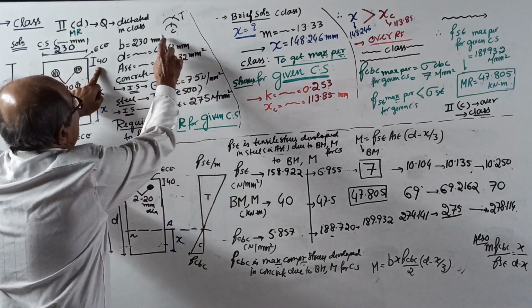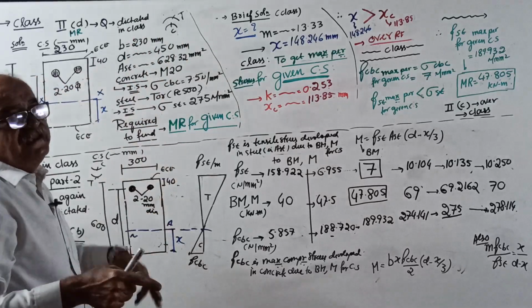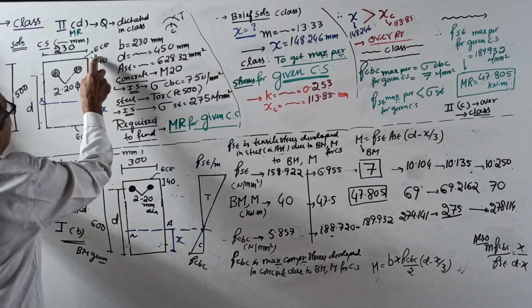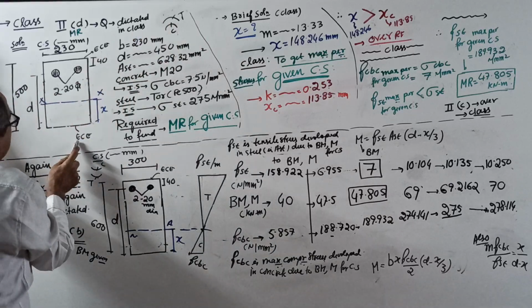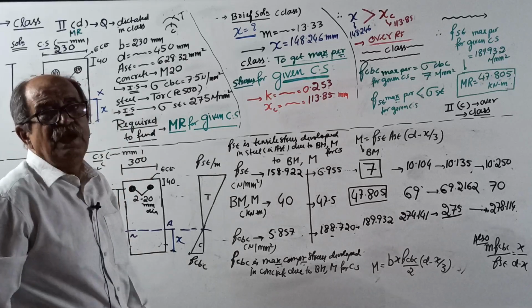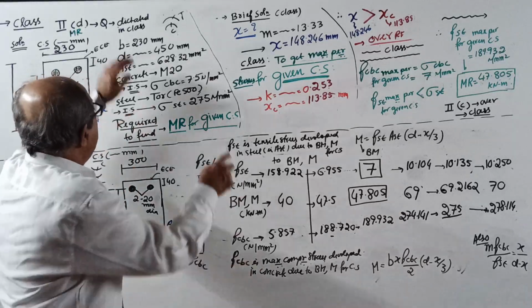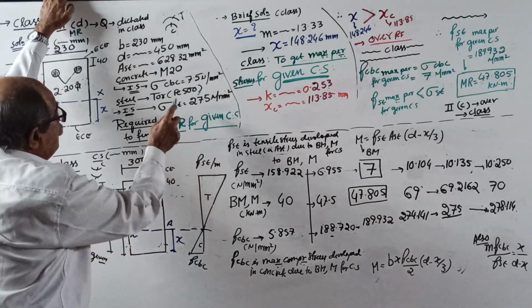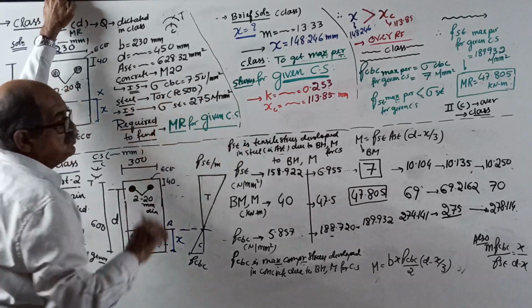Remember, BM is hogging, so consider hogging BM. Therefore, tension at the top, 40 from clear cover here, extreme compression edge, D and X from this side. Then, taking M20 concrete, already explained, and steel of grade Fe 500, this is all known to you.